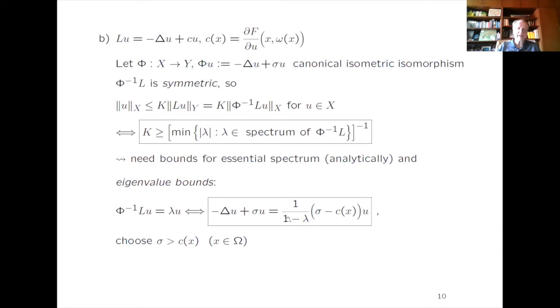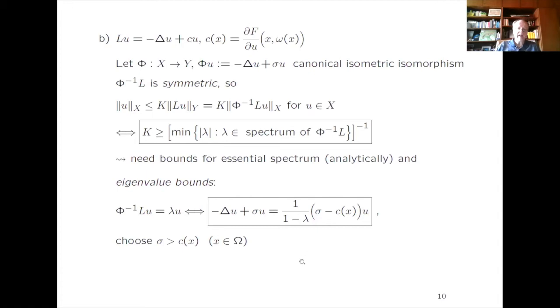This is our new spectral parameter. And recall that we are looking for eigenvalues lambda neighboring 0 in order to get a lower bound for the minimum. Here we need the eigenvalues neighboring 1, because 0 goes into 1 for that new parameter.